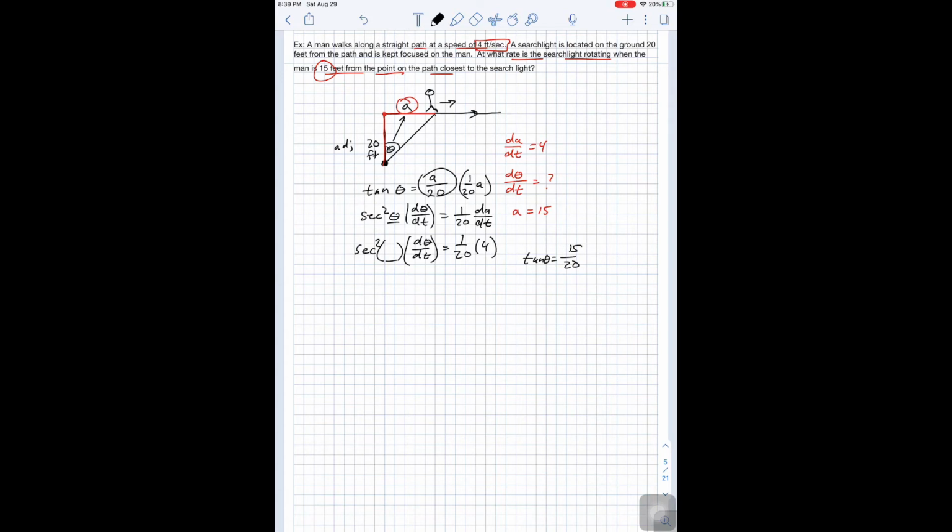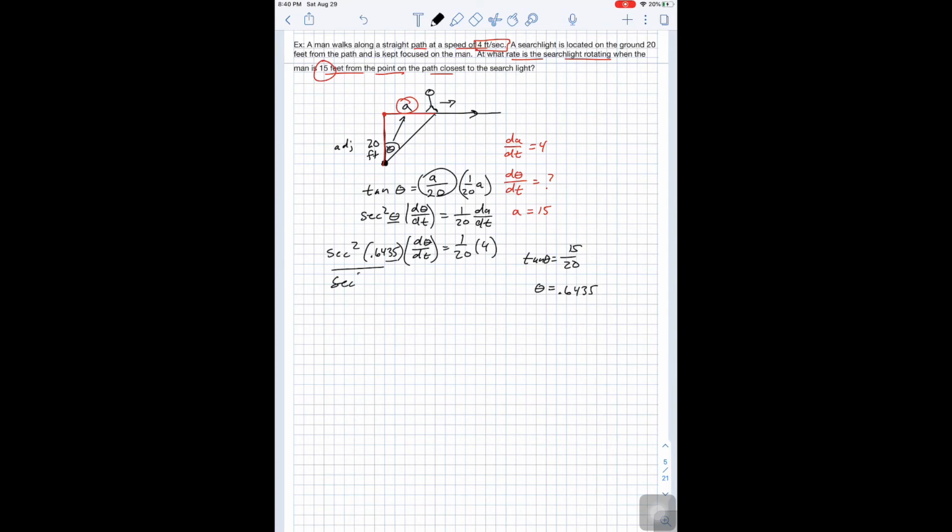So tangent theta is 15/20, and if you go inverse tangent of both sides, you get 0.6435. Now I'm operating in radians, okay? If you want to do it in degrees, that's fine. Just label the degrees. So that means that I'm going to plug in right here 0.6435. Okay, and then crank this out.